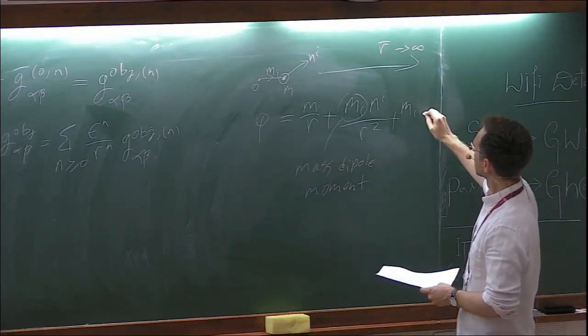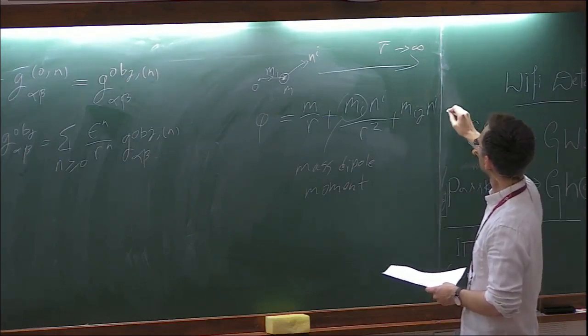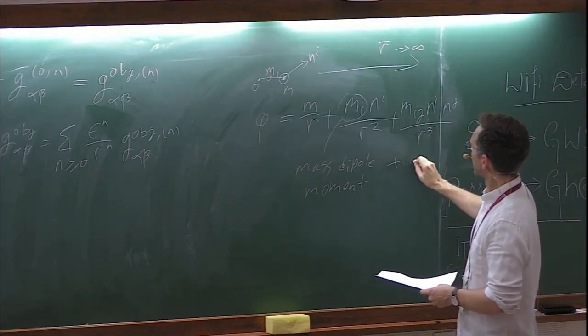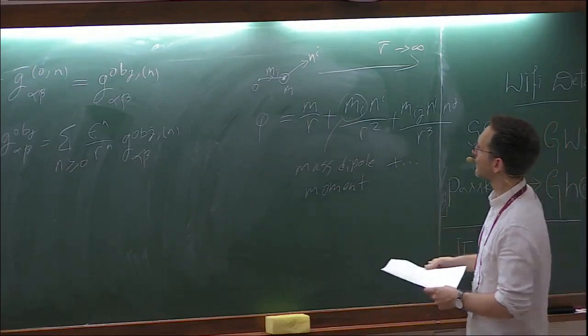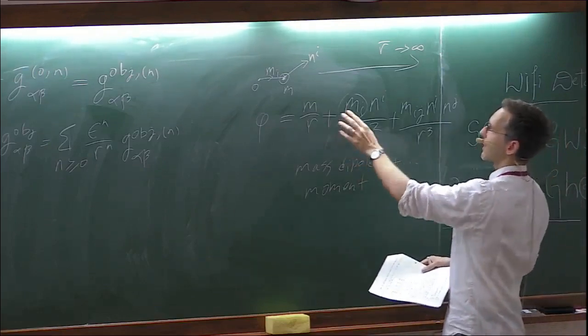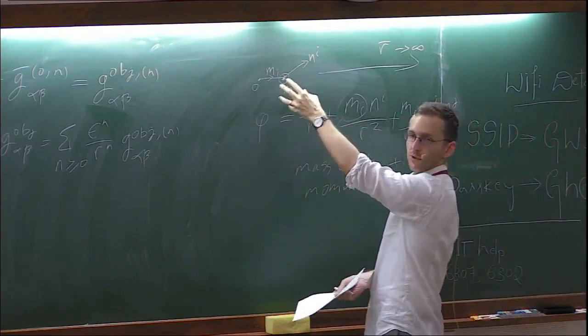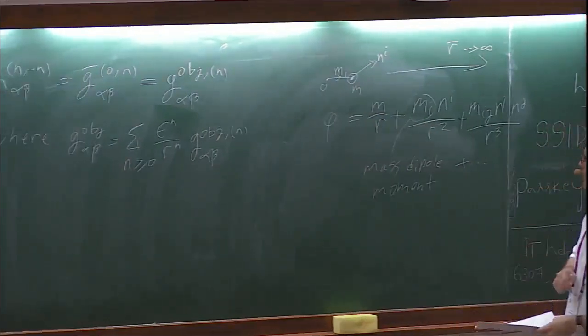And then we have the quadrupole moment, and so forth. So in Newtonian gravity, or in electrostatics, you would be used to identifying the moments as integrals over the distribution of matter or of charge. But you don't need to define them like that.